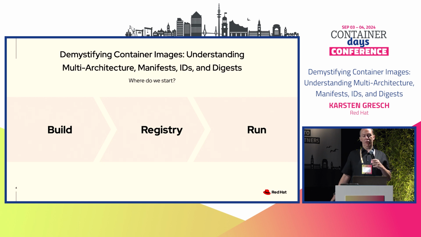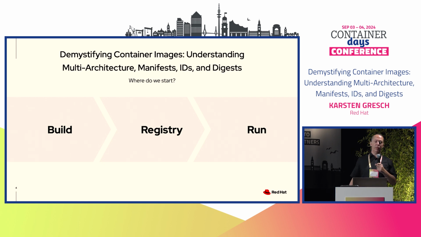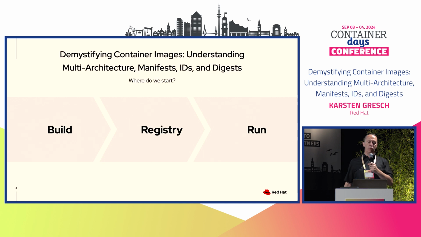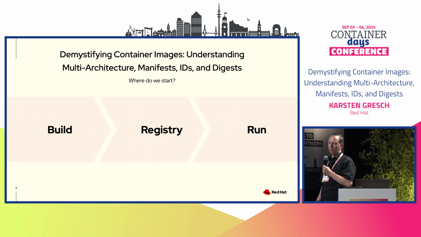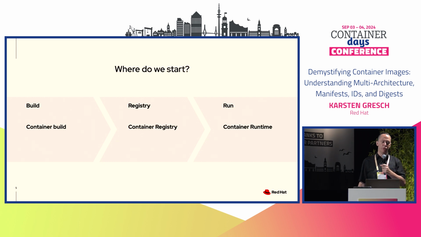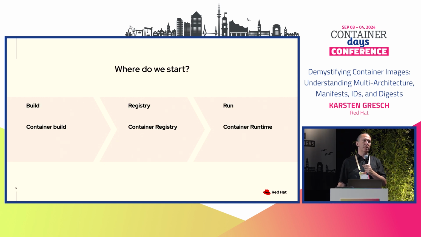So, what are we talking about? Basically, where do we start? If you go out here, you should have a good understanding of what multi-architecture means in regards to containers, what manifests are, IDs, digests, config files, stuff like that. Basically, you all will know this life cycle from containers, where we first create a container, then we push it to a registry and then pull it and run it, right?